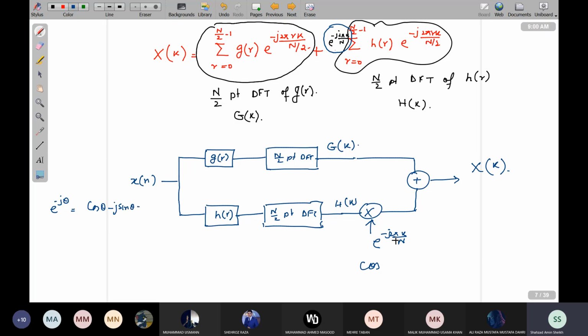Now this exponential minus j 2 pi k over n, for k equal to 0, it would be exponential minus j0, that would be equal to 1. Suppose k is equal to 1 and we are talking about an 8 point DFT, in that case that would be exponential minus j 2 pi over 8, that would be exponential minus j pi over 4, that is cosine pi over 4 minus j sine pi over 4.